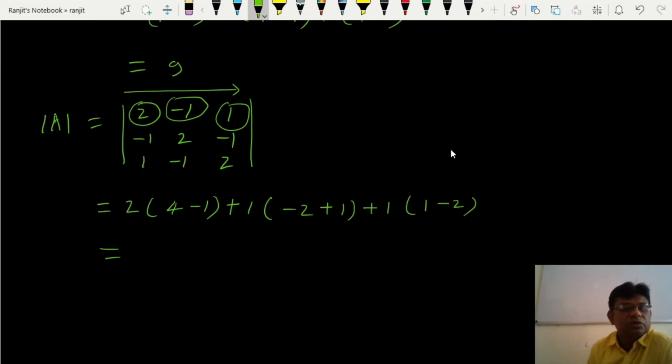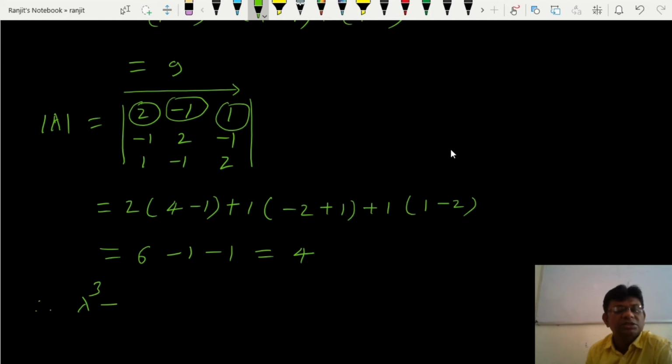This is equal to 2 times 3, answer is 6, minus 6 minus 1. Here answer is 4. So therefore, the characteristic equation is lambda to the power 3 minus S1.